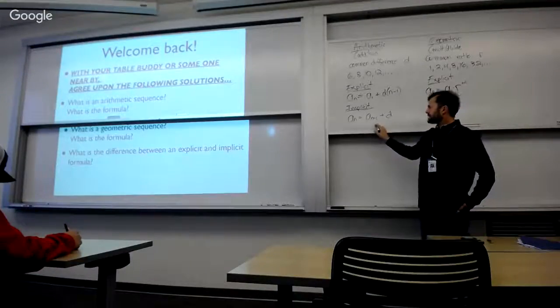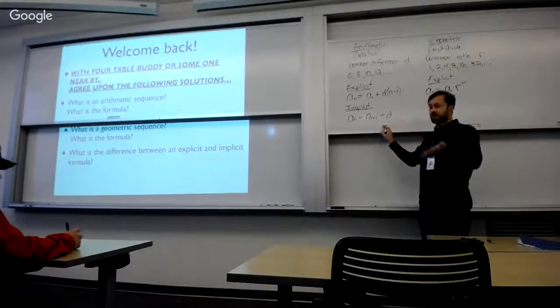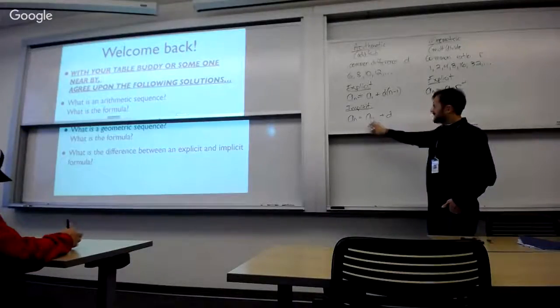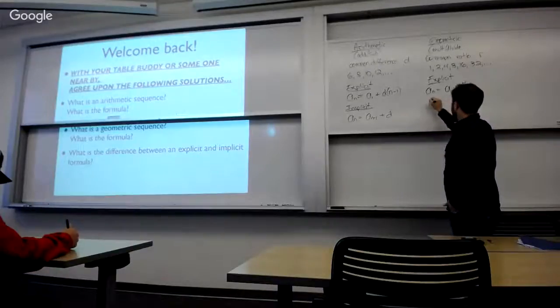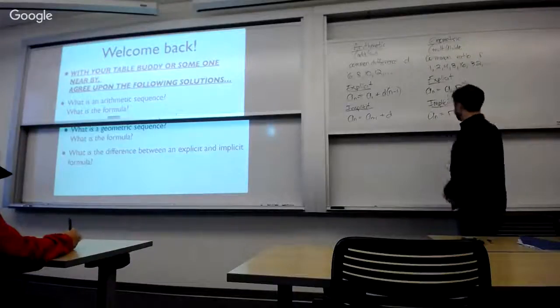This formula might seem a little more laborious because in order to know the 100th term, you have to know the 99th term, which means you have to know the 98th term. So you have to calculate your whole way there. But for some formulas, that's actually easier than figuring out an explicit formula. Whereas here, the implicit formula for geometric would be that the nth term is equal to what? r times the previous term.